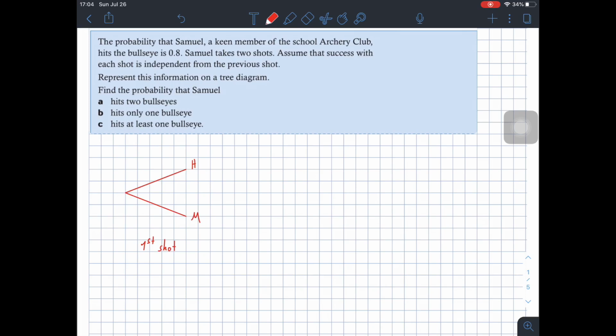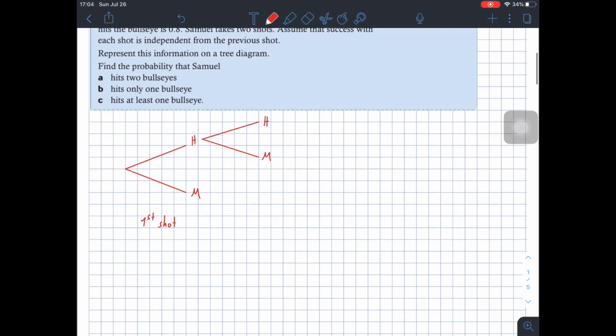So if he hits the first shot, for his second shot, he again has 2 possibilities, right? The first possibility is that he hits again, and the other is that he misses the second shot. Same thing, if he misses the first shot, he has 2 opportunities here. In one, he will hit, and in the other, he misses.